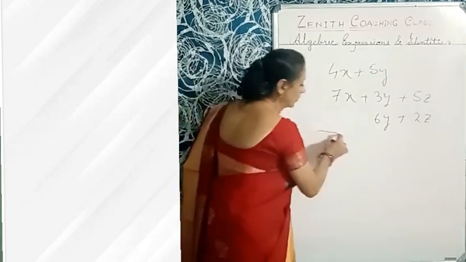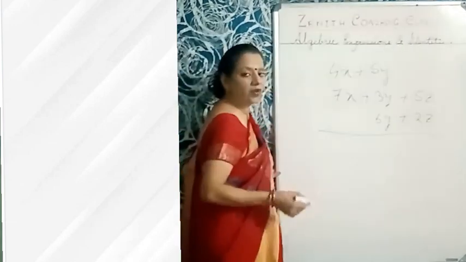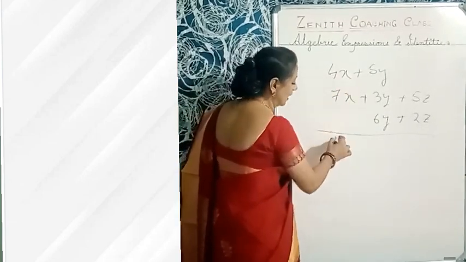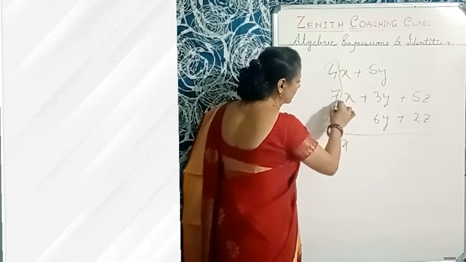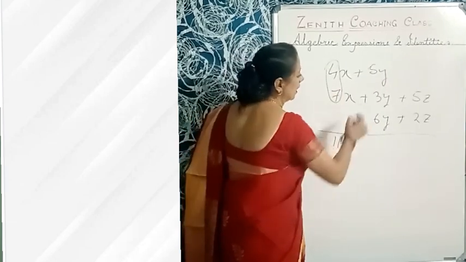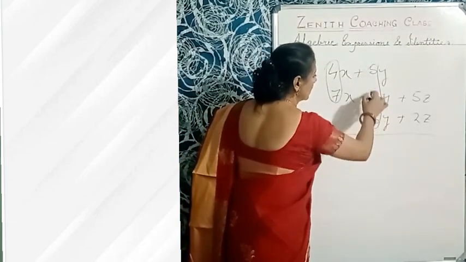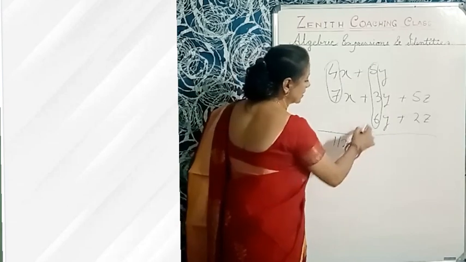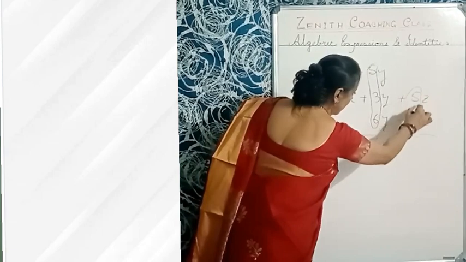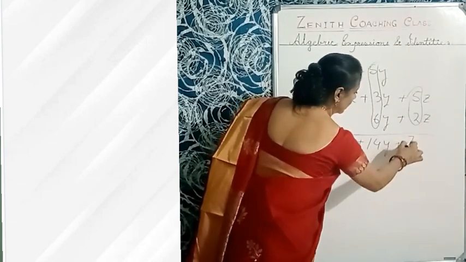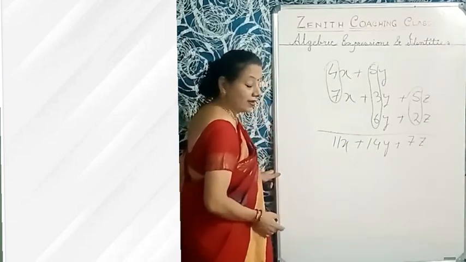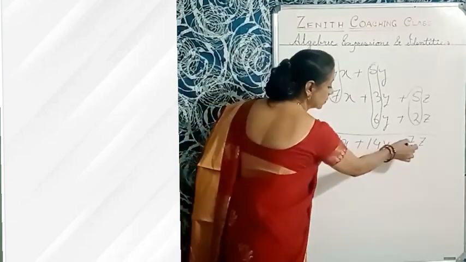So you have to add, vertically and horizontally; you can add both ways. 4x plus 7x is 11x. You have to add the numerical coefficients. Now 5 plus 3 plus 6: 5 plus 3 is 8, 8 plus 6 is 14. So 14y, plus 5 plus 2 is 7, so 7z is the answer. Is it a trinomial, monomial or binomial? It's a trinomial: 1, 2, 3.